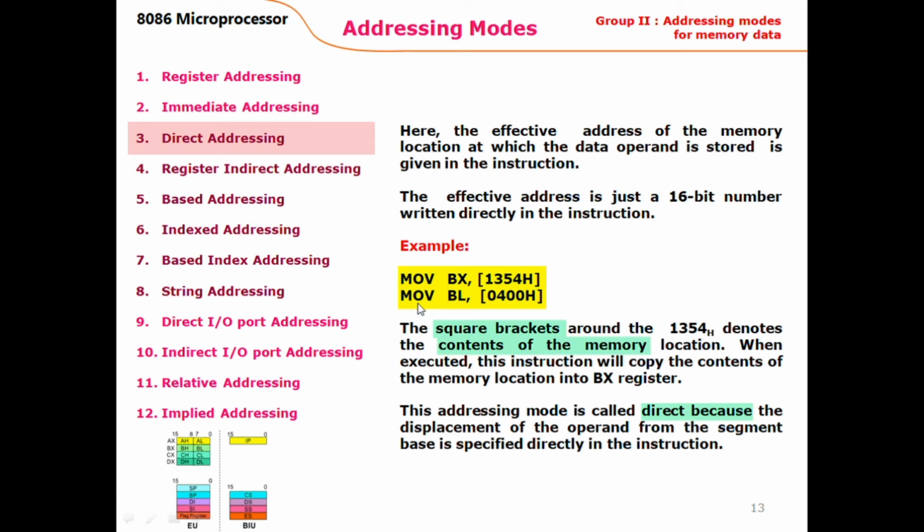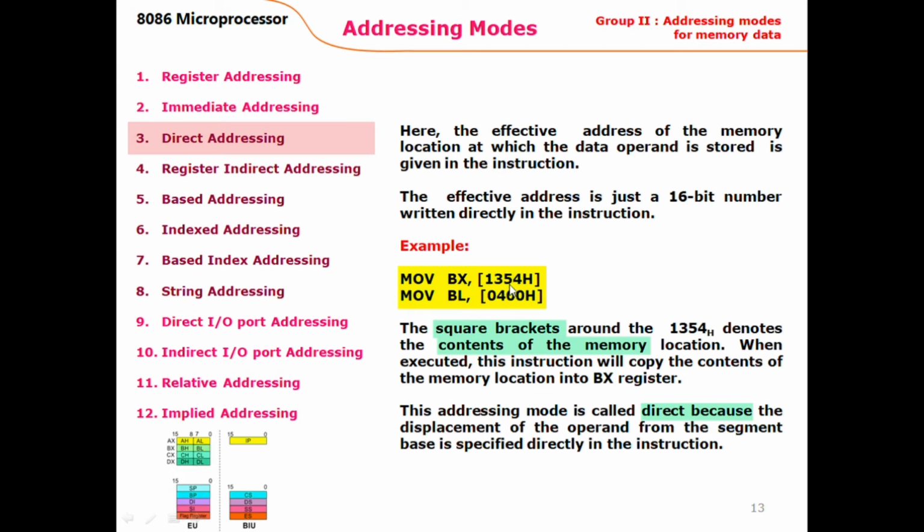In this example, move BL, 0400H. The 16-bit content at this effective address in the data segment will be copied, not 16-bit but 8-bit content will be copied to the BL register. Why?